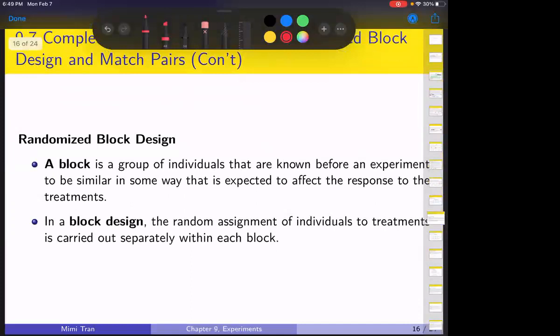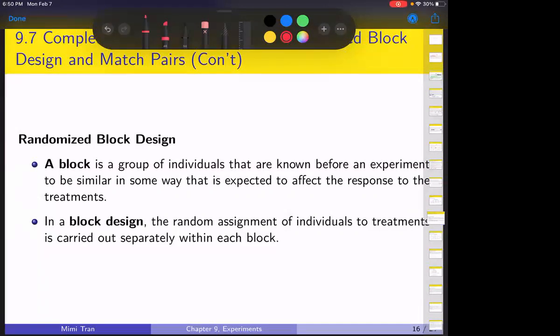The randomized block design is slightly more complicated. When you hear block, think of women and men. A block is a group of individuals that are known before the experiment to be similar in some way. Usually when we use a randomized block design, we block on women and men, because they have two different physiologies, or even mentally, how we conceive things is a little bit different, right?